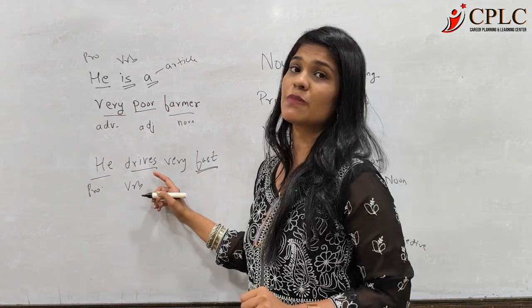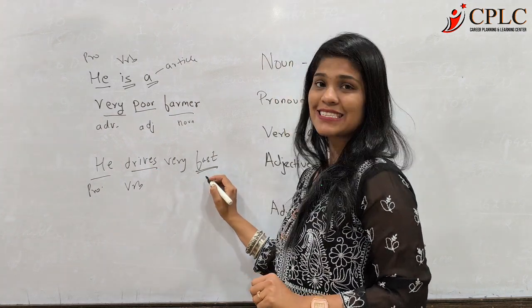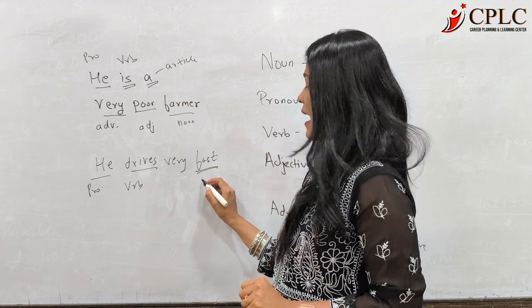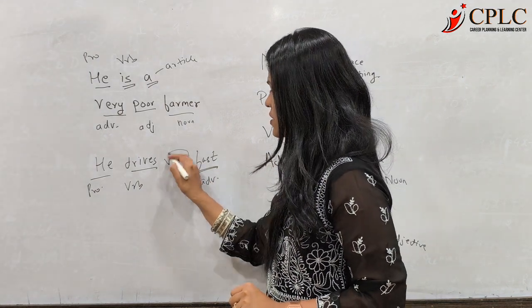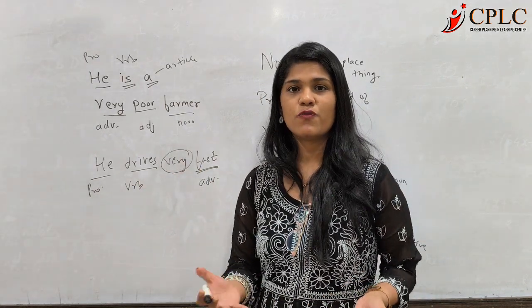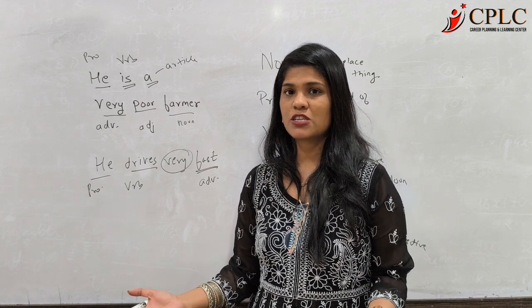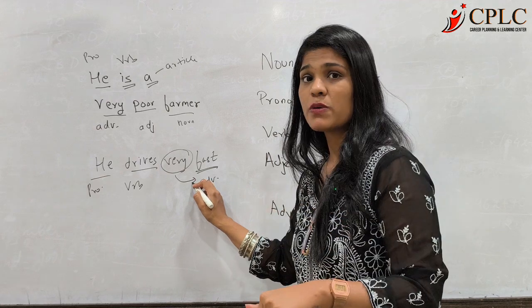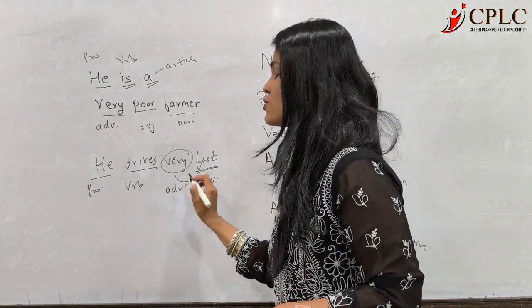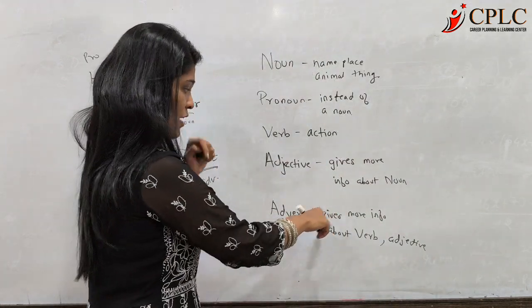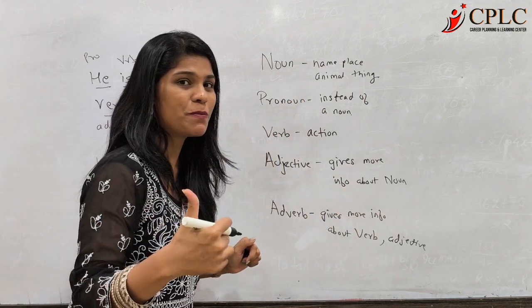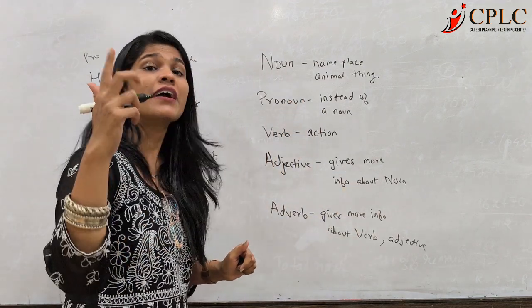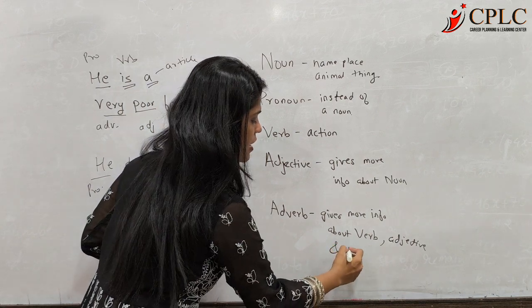Fast is giving more information about driving. So fast is an adverb. What is very? Very is giving more information about what? Fast. So very is giving more information about the adverb itself. That also becomes an adverb. So an adverb gives you more information about a verb, adjective and adverb.